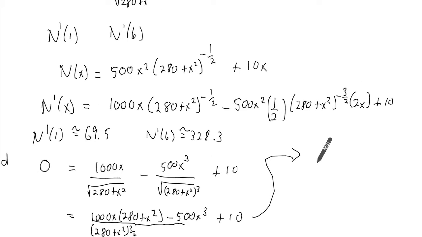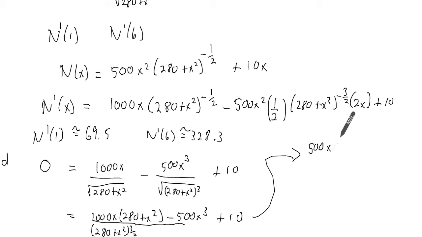Okay, I'm running out of room here. But simplifying this together, I can factor out 500 and an x. So I'll get 500x times, now what's left from the front part here will just be a factor of 2. So a 2 will come into here, and I'll get 280 times 2, which is 560, plus 2x squared.